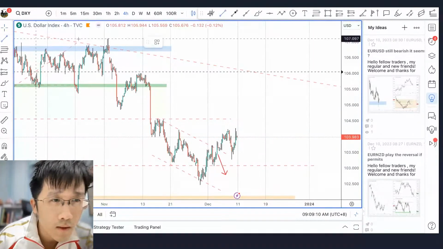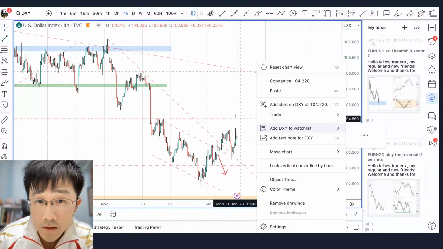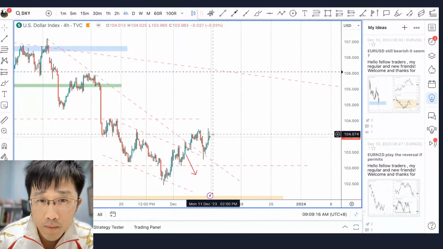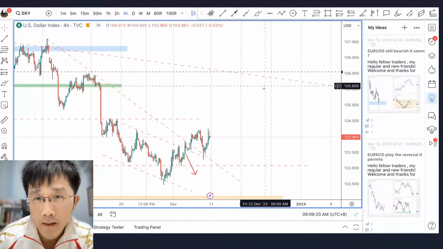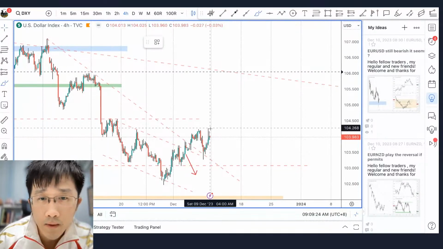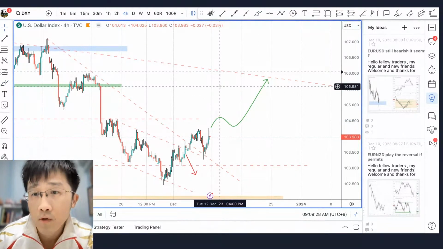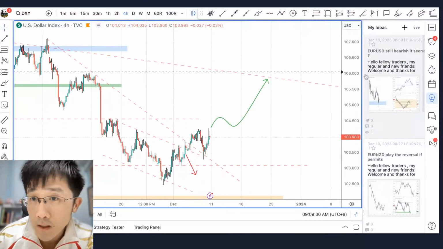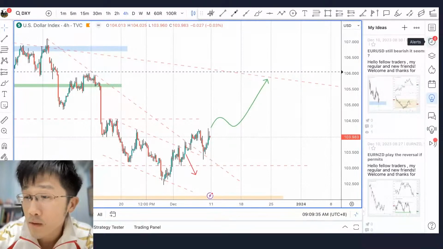Maybe I should just draw that to make it easier for us to see. If there's a pullback, or a breakout and pullback, then most likely we are looking at this. I'm mixing in some of the forward-looking analysis I have for next week. So that's on the USD.